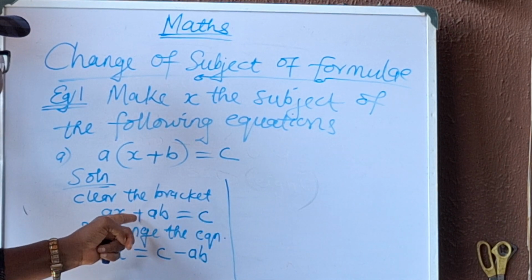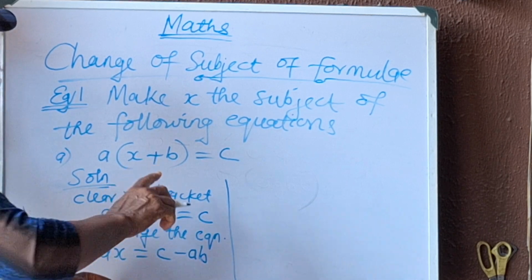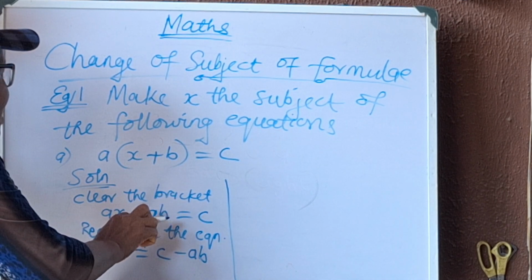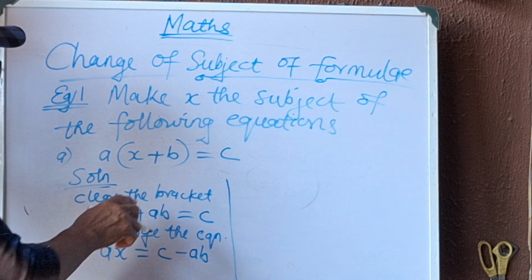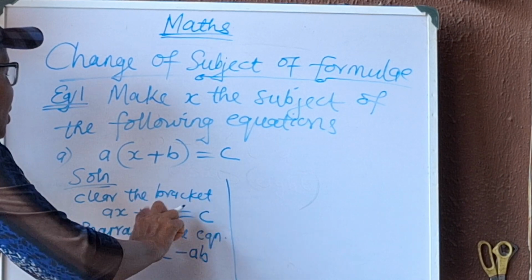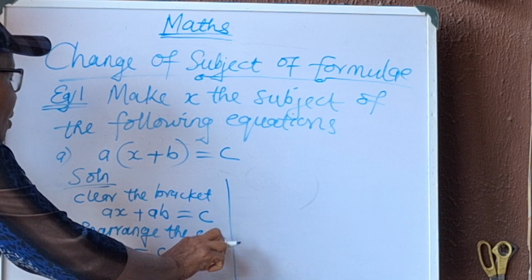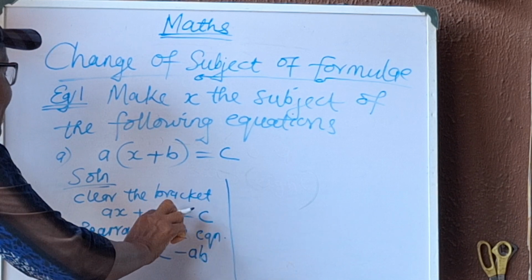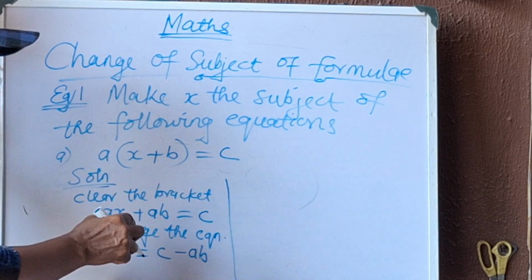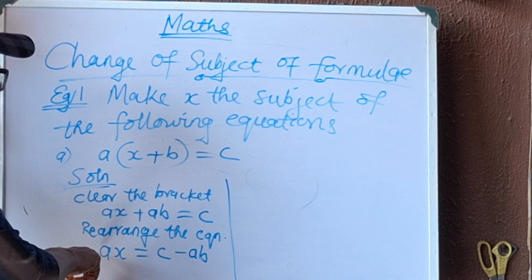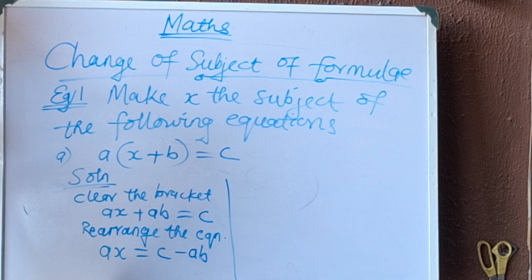As soon as this plus ab crosses the equality sign, this plus sign will change to minus sign. That's why I said subtract ab from both sides of the equation. So that one will give us 0 here, remaining ax equals c minus ab.